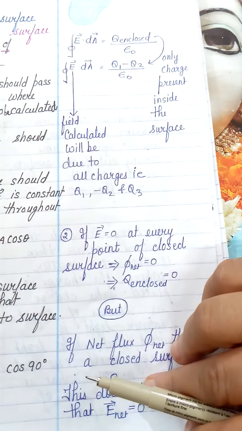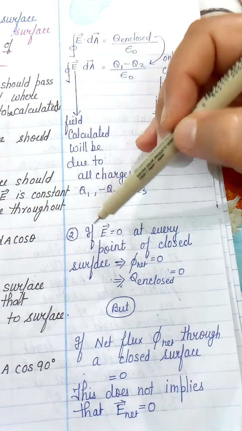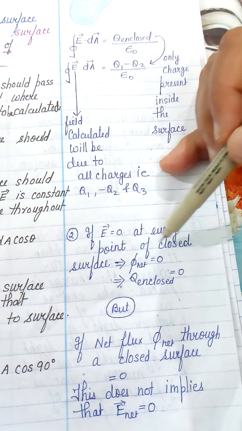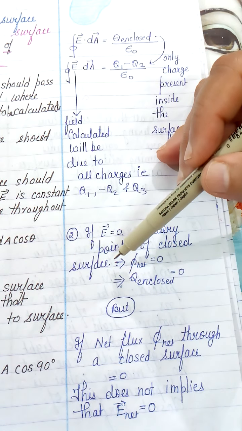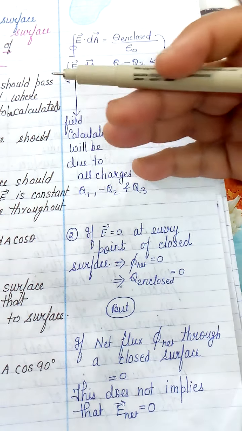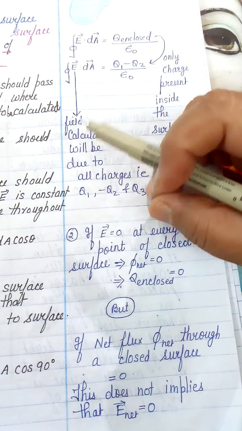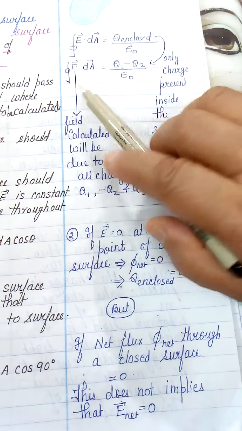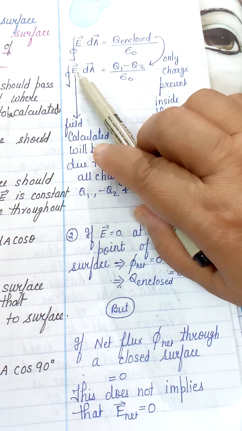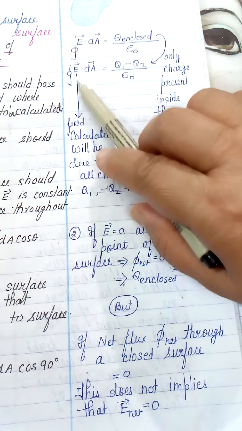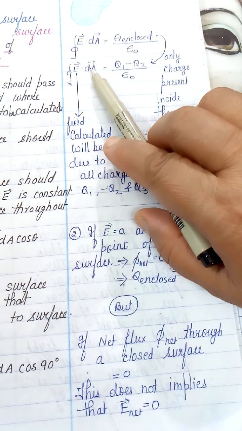Second concept. Assume a condition when the electric field is 0 at every point of a closed surface. If this is 0, then certainly the flux coming out of the surface will be 0. Yes or no?